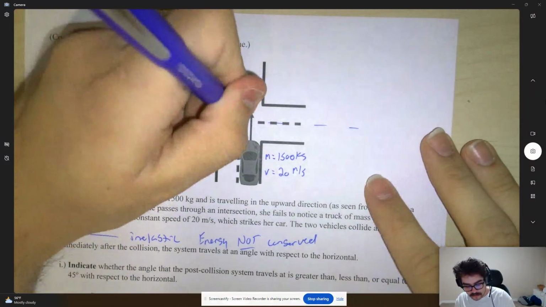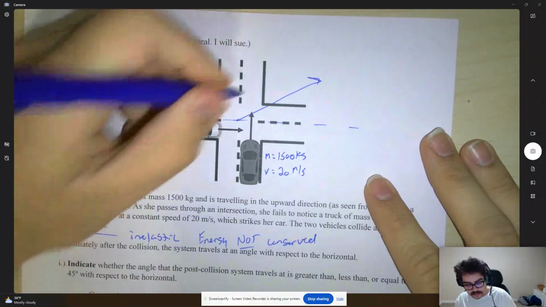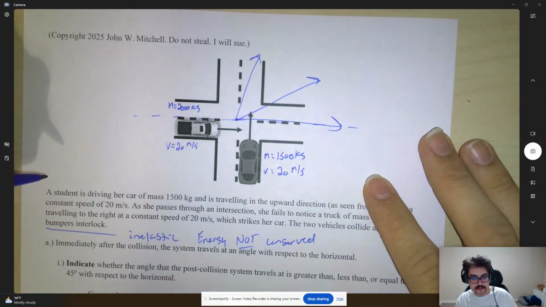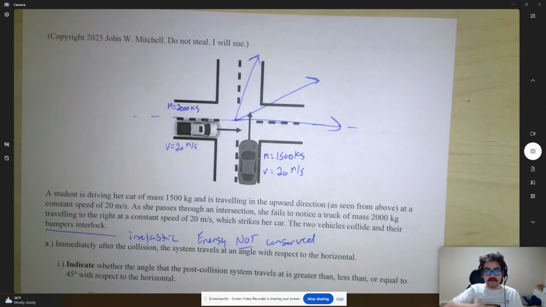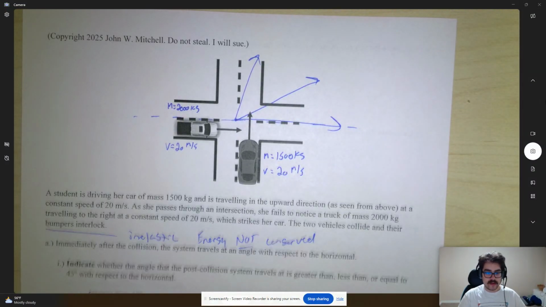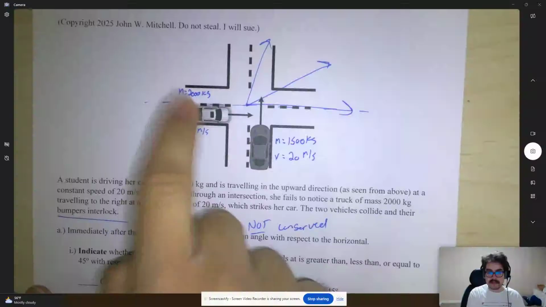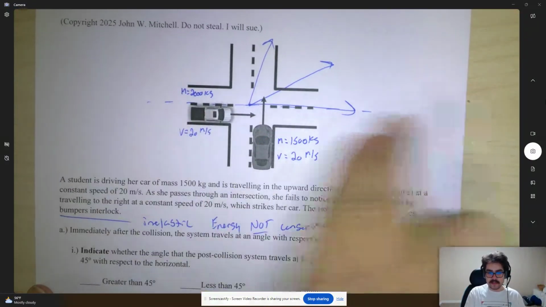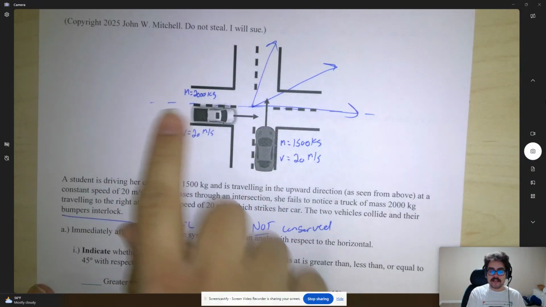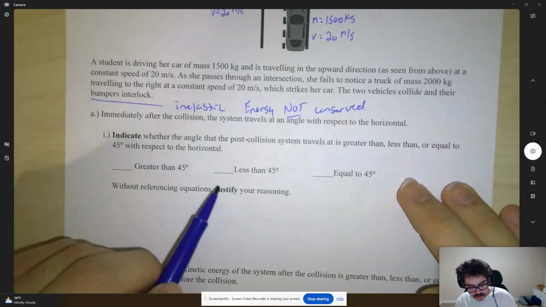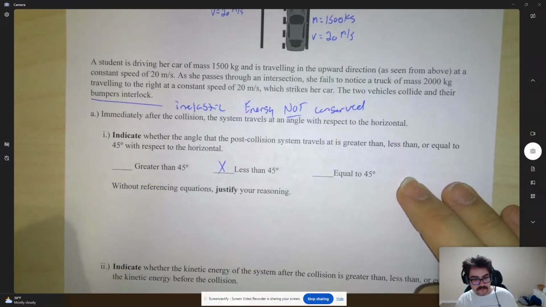Is it going to go more than 45 degrees, or less than 45 degrees? What's the direction? Well, first off, we need to recognize that the truck has more momentum. They're both going the same speed, but more mass on the truck means that more momentum is in the x direction, which means that the final system's motion is going to be more along the x direction. So we're going to say that it's going to be less than 45 degrees.